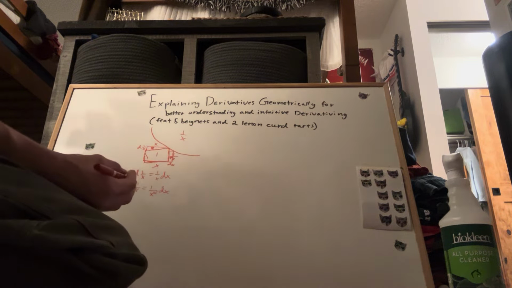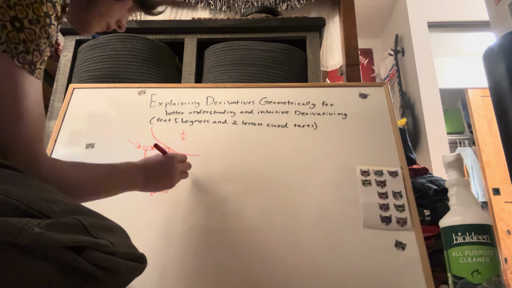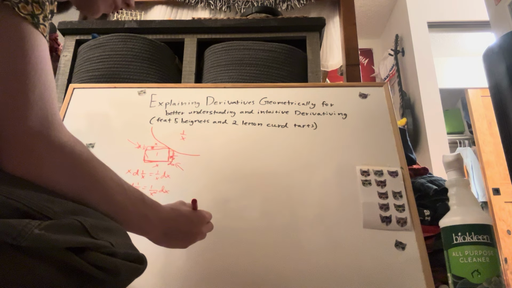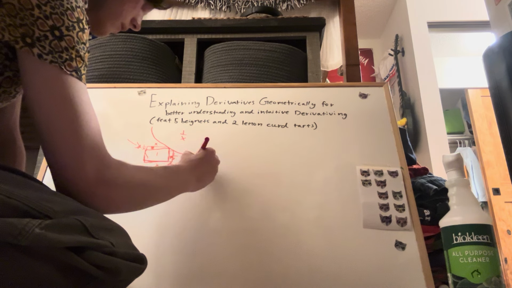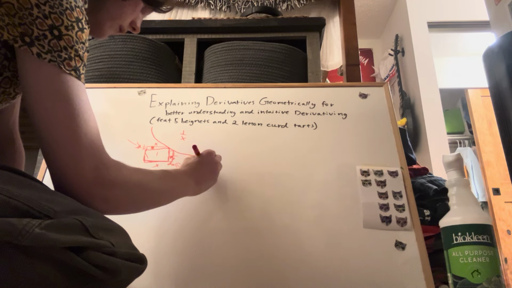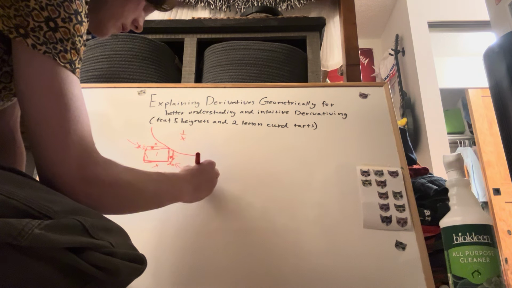And if the derivative of something is the change in the y over the change in the x, I'm pretty sure it should be d of 1 over x over d of x, I think.